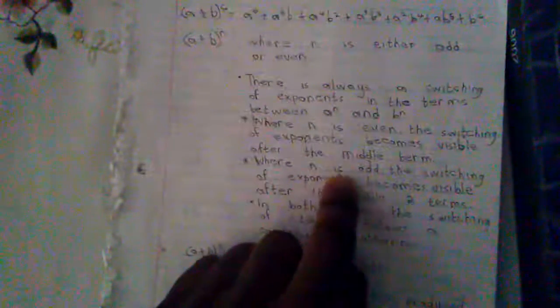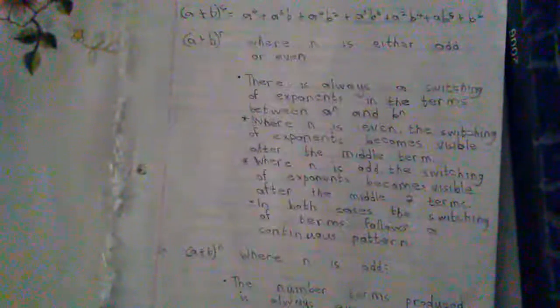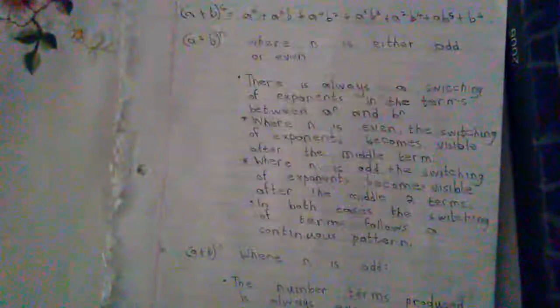When n is even, the switching of exponents becomes visible after the middle term, and when n is odd, it becomes visible after the middle two terms. And so in both cases, the switching of exponents follows a continuous pattern.